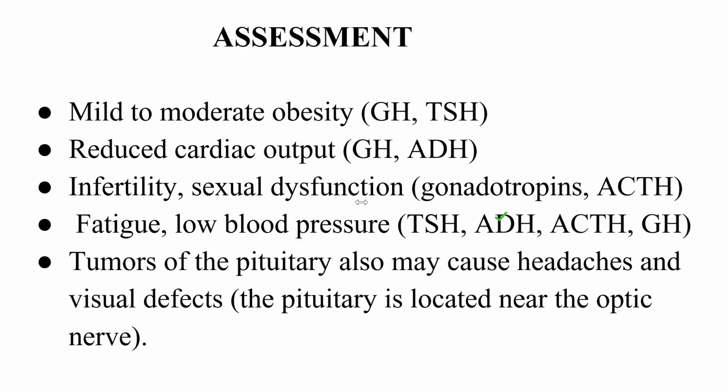There's also infertility, because we said the luteinizing hormone is produced by this particular gland. So there is infertility, sexual dysfunction, and there could be fatigue or low blood pressure. There could also be a tumor of the pituitary, which may also cause headache. That means the patient is likely going to come down with headache.